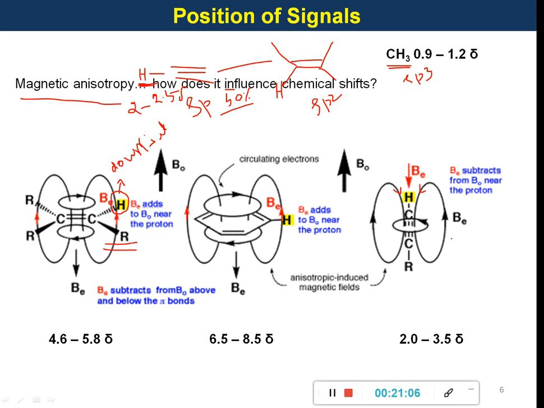Thus, protons feel a smaller field effect and resonate at higher applied field, that is upfield, in the range of 2 to 3.5 delta. Similarly, in the case of benzene, the pi electrons are delocalized cylindrically over the aromatic ring.